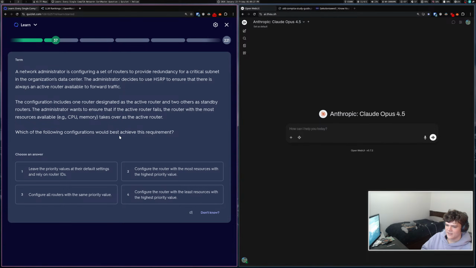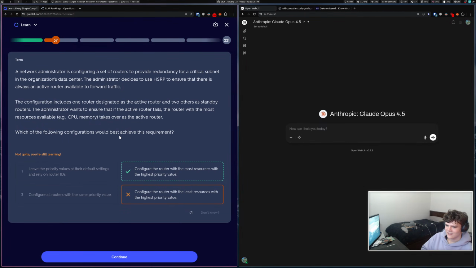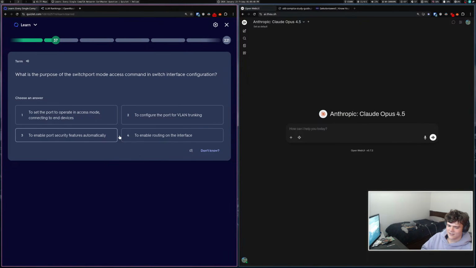Oh, because sometimes the highest priority value is the one that takes priority, but sometimes it's the other way around. I'm gonna say the router with the least resources. Okay. Alright. I guess in HSRP it's the other way around. My bad.